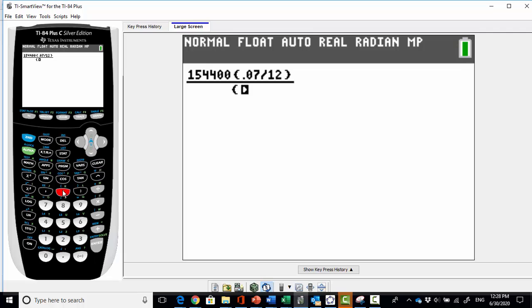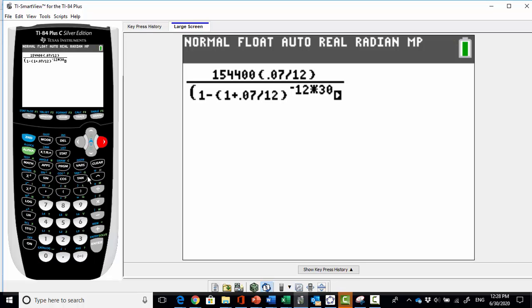Use parenthesis instead of bracket: 1 minus open parenthesis, 1 plus 0.07 divided by 12, close parenthesis, raised to negative 12 times 30. To enter the negative on the calculator, don't use the subtraction minus sign. The negative is down here. So put that in, 12 times 30, then close parenthesis and enter.